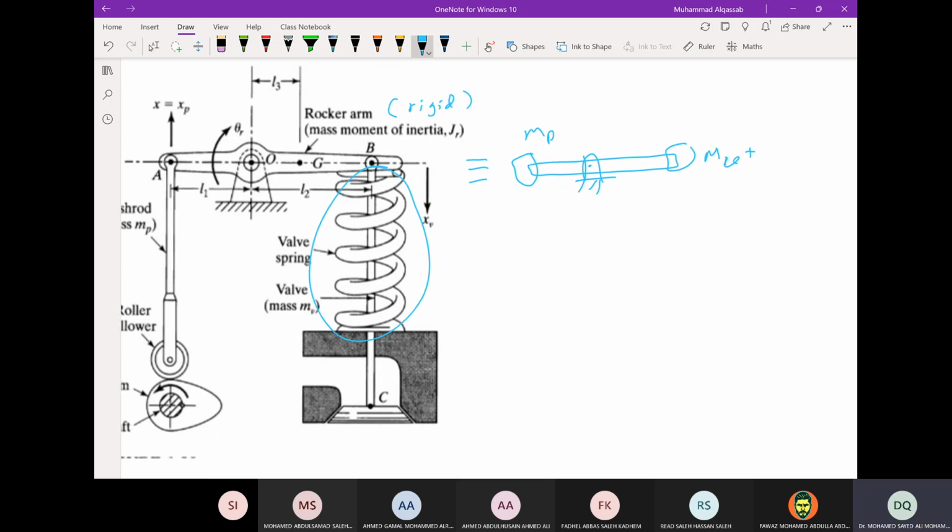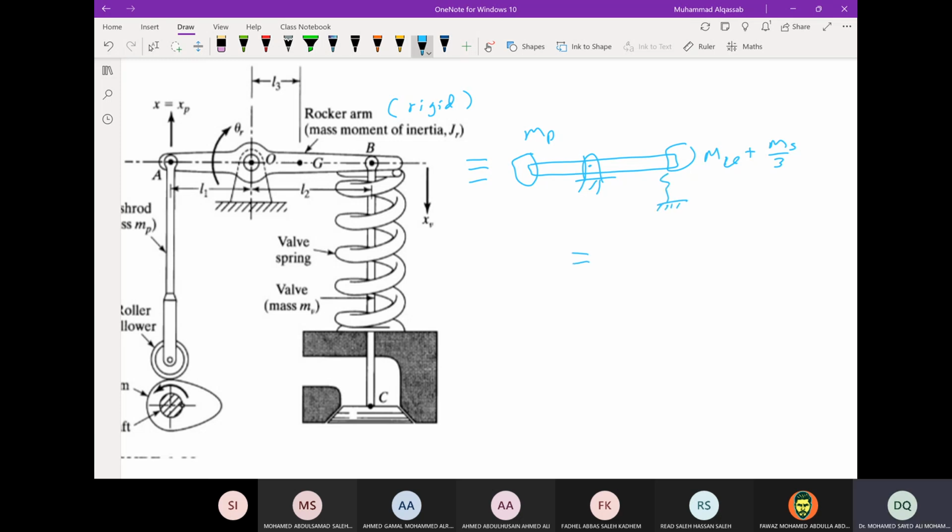What is the mass of the spring to be added to the mass of the valve? That is what we did in the example for the spring mass system. So this is MV plus M of the spring divided by 3. We don't have to do the integration again. So this is the system with the spring here.